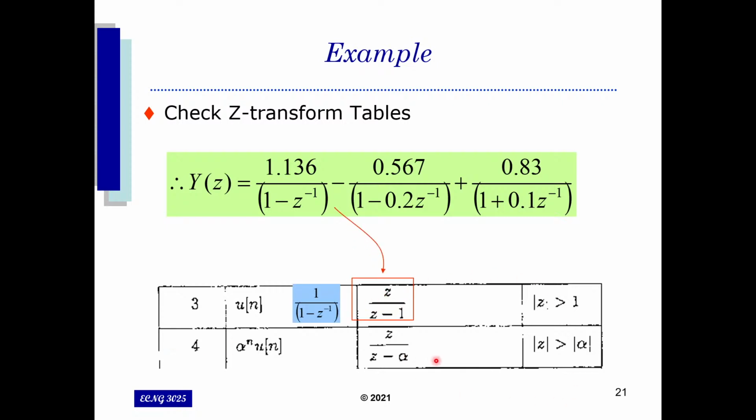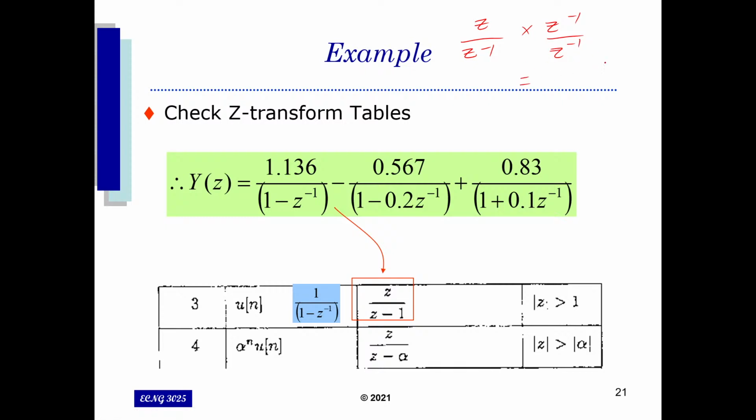Because for this z divided by z minus 1, I'm going to write it out here. If we wish to transform this back into negative powers of z, we just multiply by z to the minus 1 on the numerator and z to the minus 1 in the denominator.